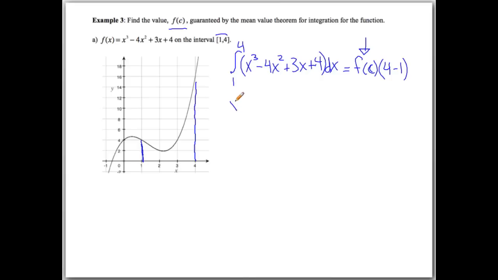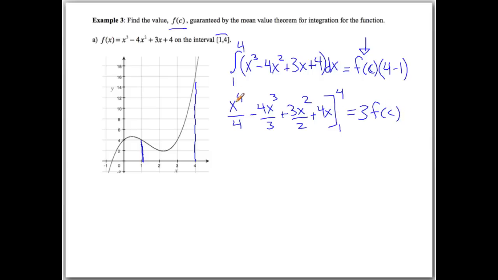So here we get x to the 4th over 4 minus 4x cubed over 3 plus 3x squared over 2 plus 4x, and we're going to evaluate this from 1 to 4. And we'll just clean this up a bit. 4 minus 1 is 3, so it's 3 times f of c.